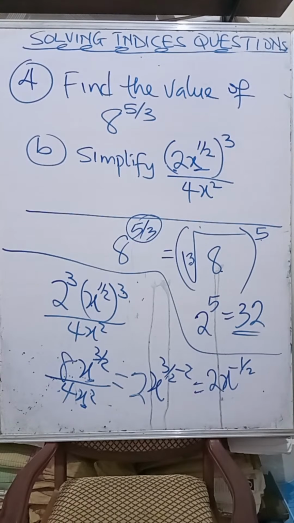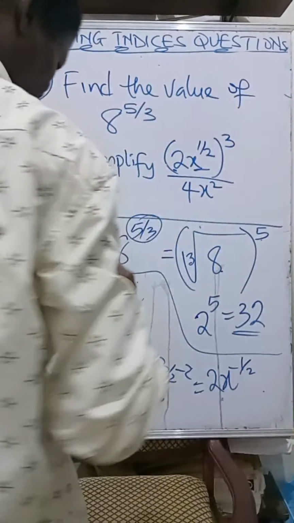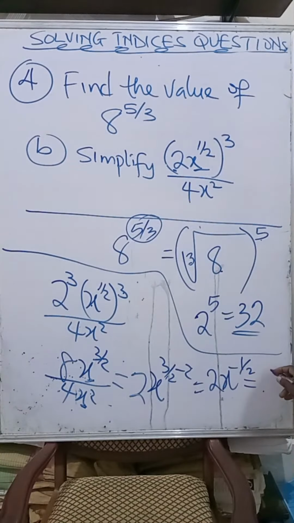You can stop there, but let's do efficiency to remove the minus. Okay, let's remove the minus, and that will be equal to 2. This one will find itself at the bottom. That will be x to power what? To power half.